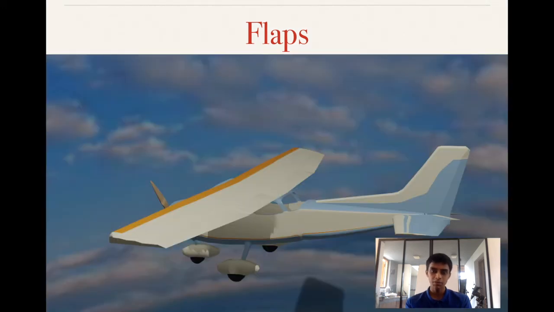So this is what the flaps look like in a real life plane. It moves up and down. So take a look at it one more time. The flaps can be deployed, and when you want to bring them back to the normal level, they can be brought up. Right. So that's it.